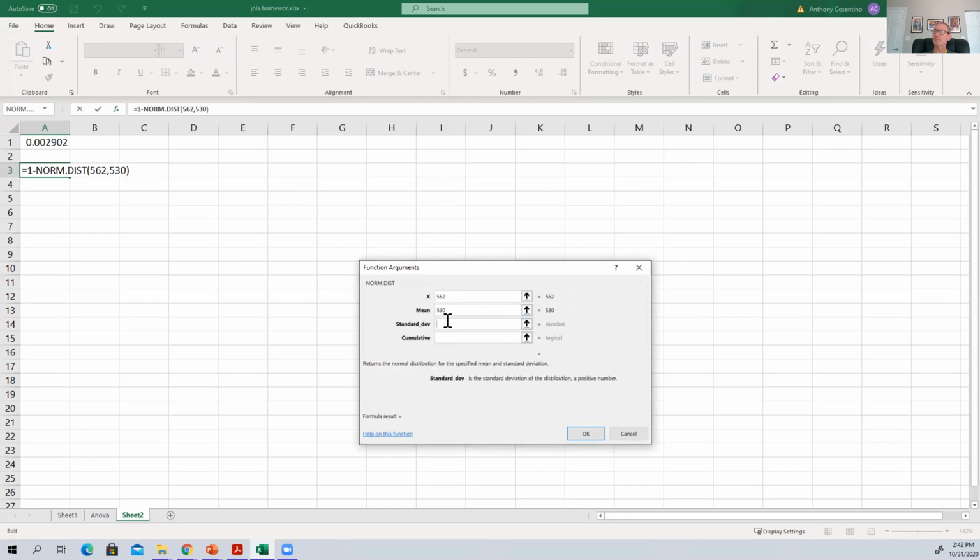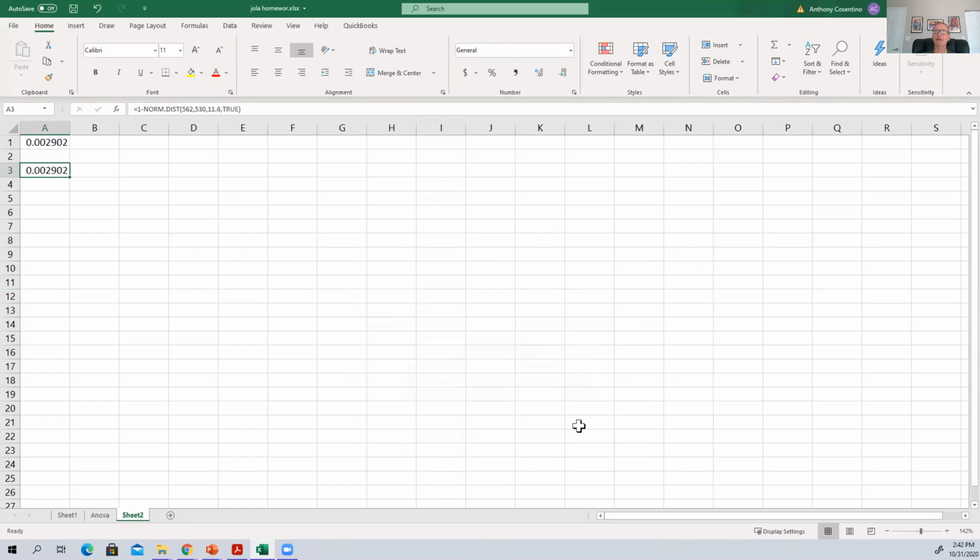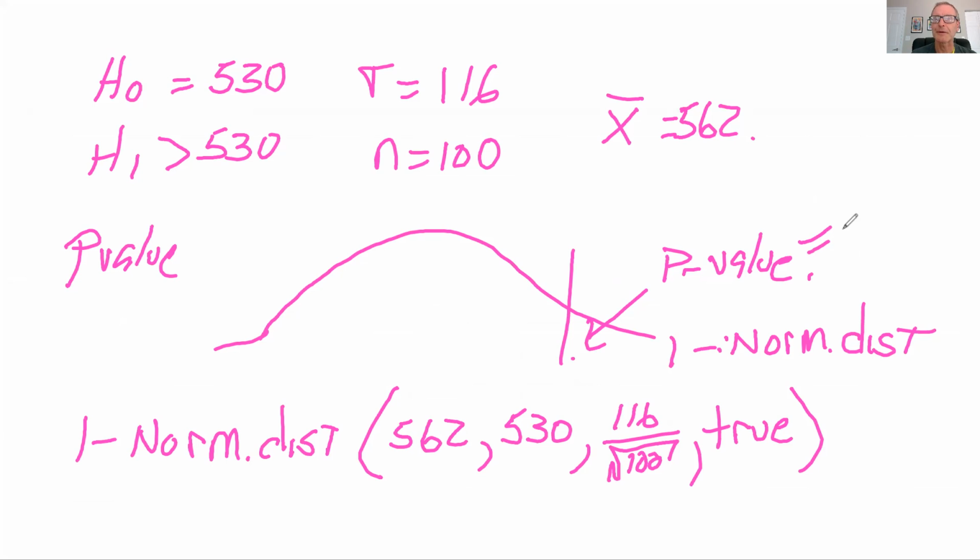It'd be 11.6 for our standard deviation with the central limit theorem, and this would be true. And you can see when we do that, you get a value even less than 1%, right? 0.0029. And so percentage-wise, that's 0.29%. So when you go back to our whiteboard here, you can see that this value here is 0.29%.